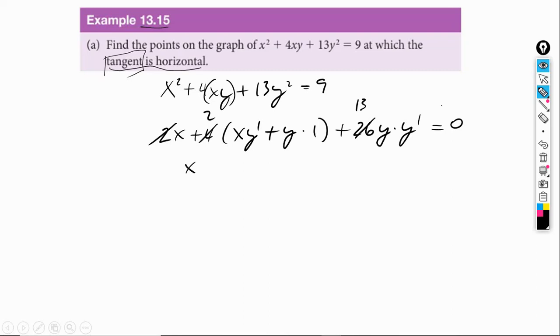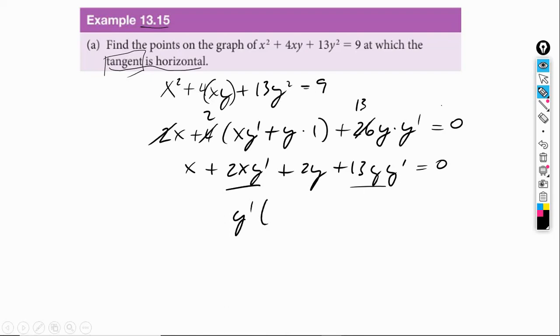So I got x plus 2x y prime plus 2y plus 13y y prime equals 0. So like I did in the previous case, I'm going to keep this term and this term on the left-hand side. So I'm going to factor out the y prime.